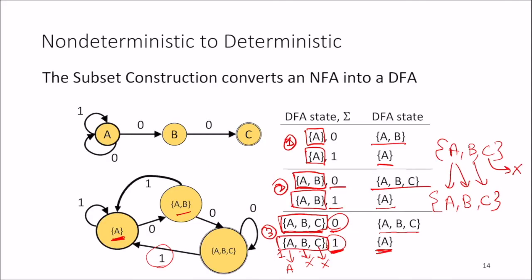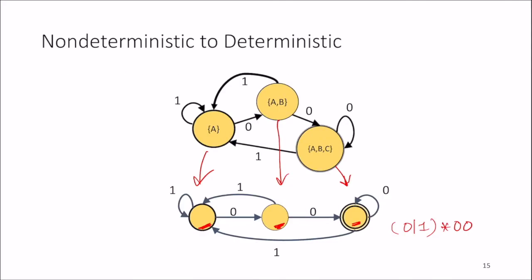So the key here is that when I have any one of these states in this set of states from the original NFA, if C was a final state, then this entire state becomes a final state. We always start with a state that consists of just the single start state.